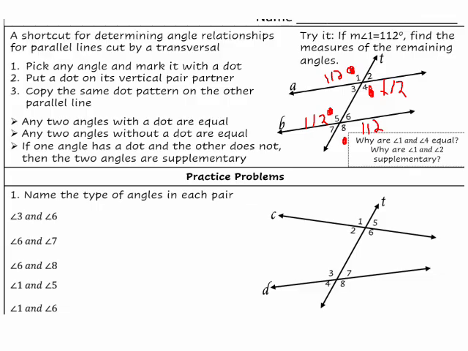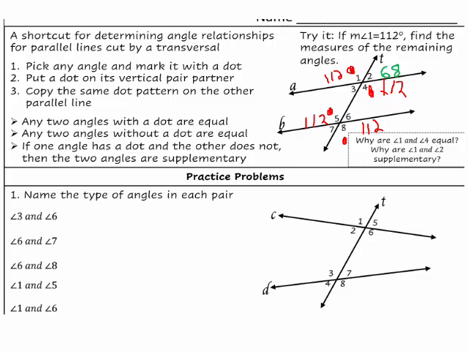A linear pair is two angles right beside each other that form a line. So 1 and 2 form a line, which means they have to add up to 180 degrees. That means angle 2 has to be 68, because 112 plus 68 is equal to 180.